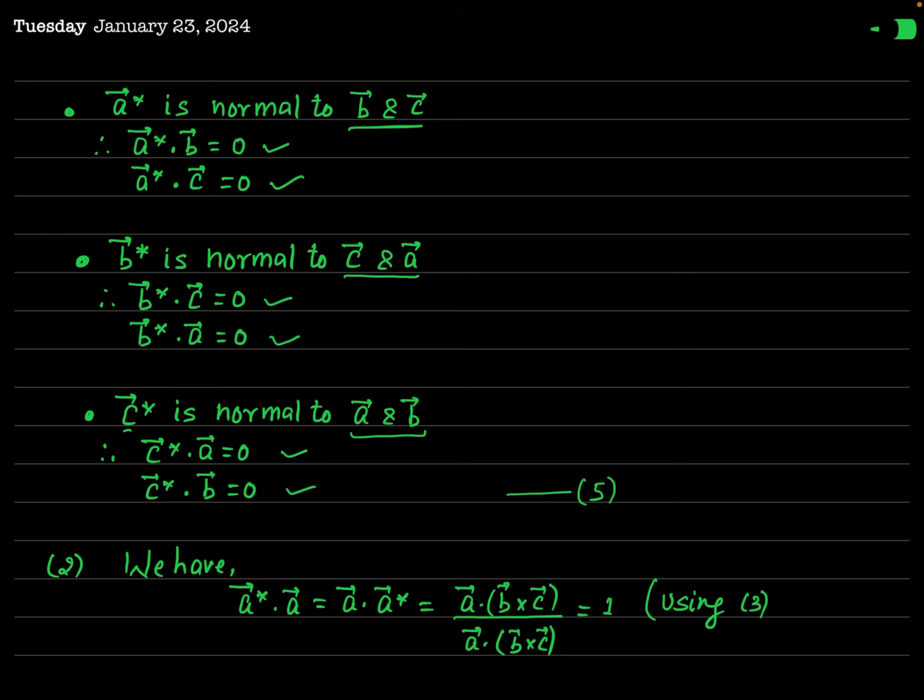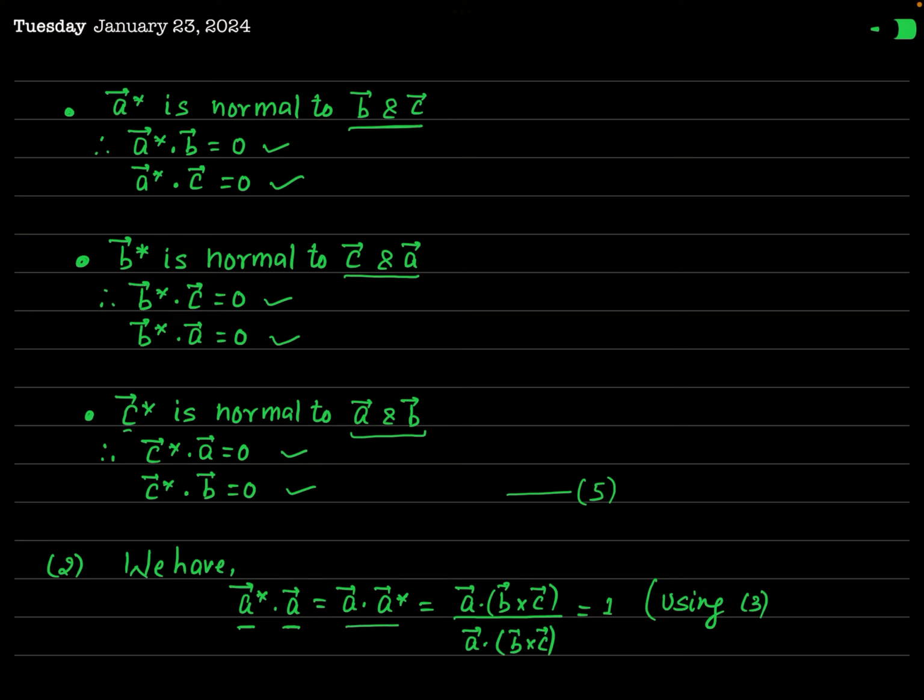Now let us take the scalar product of A star with A. You know the scalar product of two vectors is commutative, so A star dot A is simply equal to A dot A star.